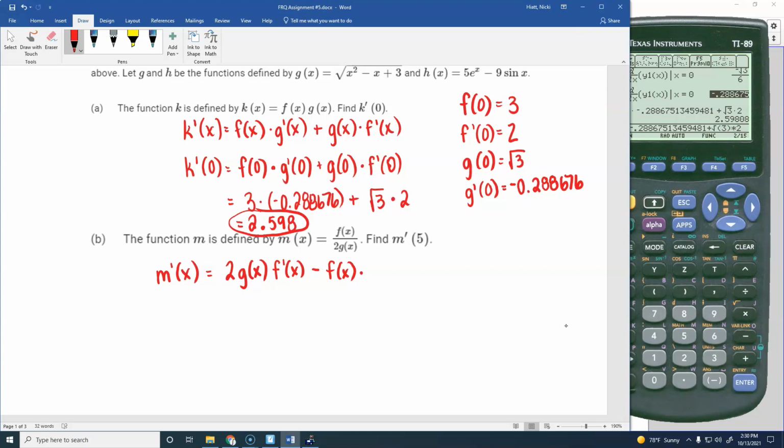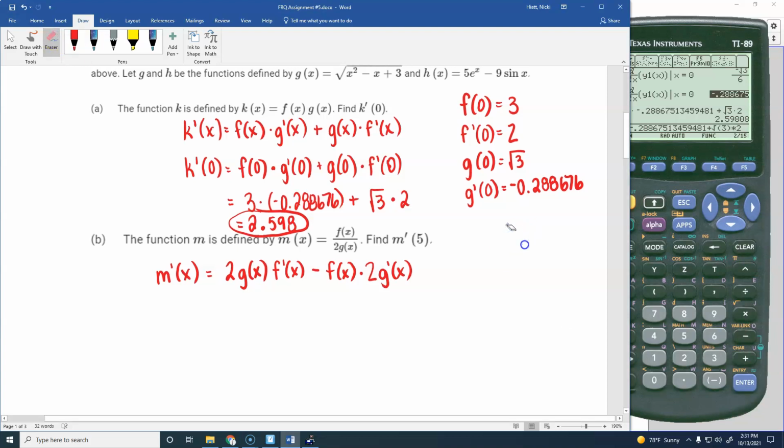2g prime of x. 2 is just a coefficient. It's like taking the derivative of 2x to the third.